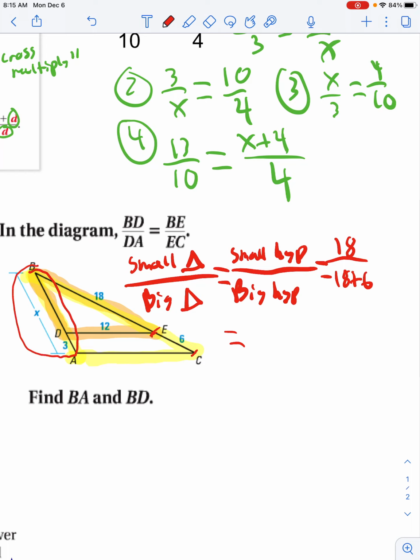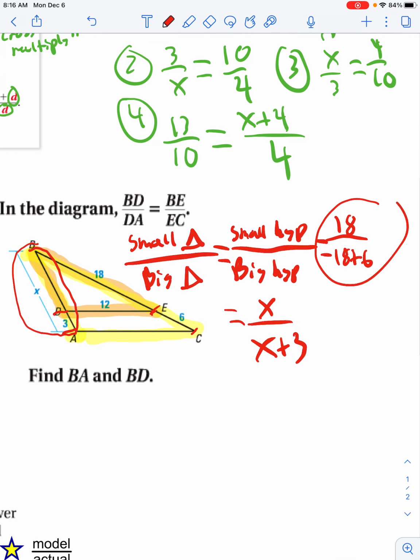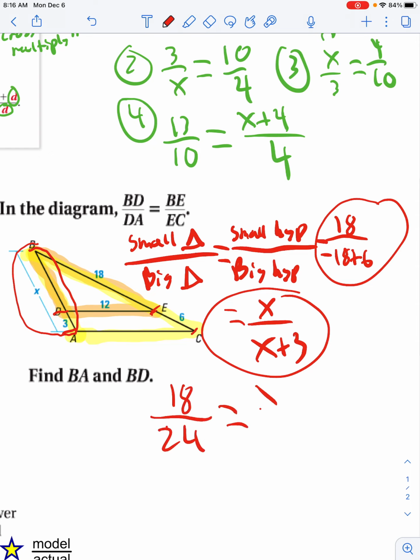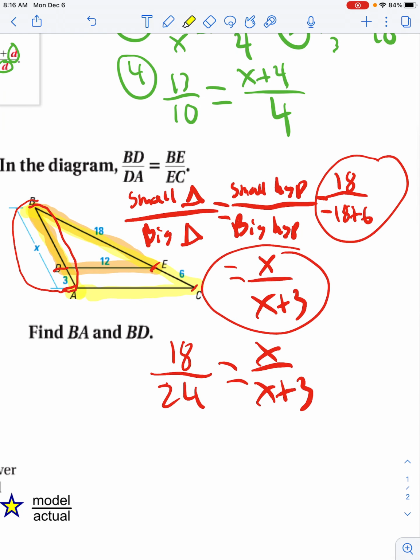On my small triangle, I have an X. On my large triangle, I have X, but then I also have this section that's 3, so I'm going to call it X plus 3. I'm going to use these two to set up an equation: 18 over 24 equals X over X plus 3.